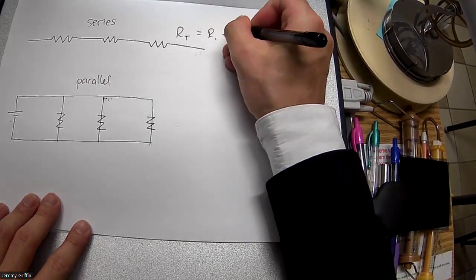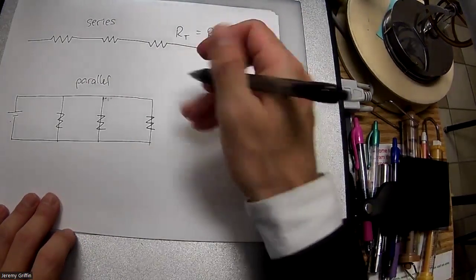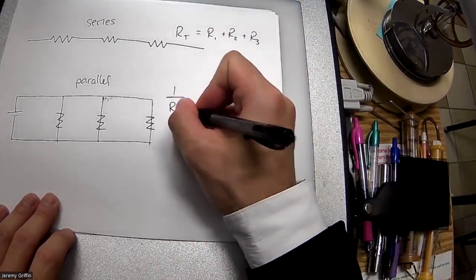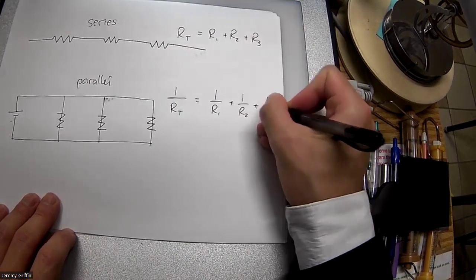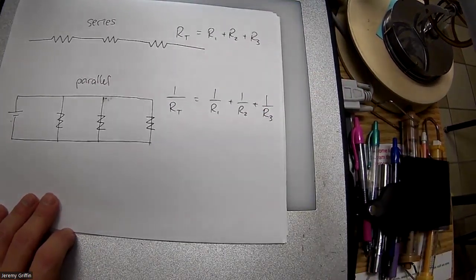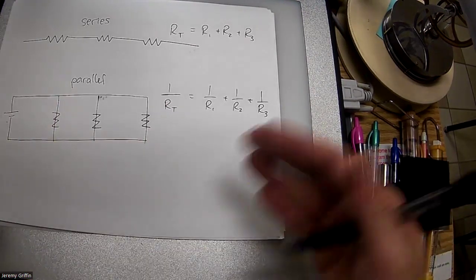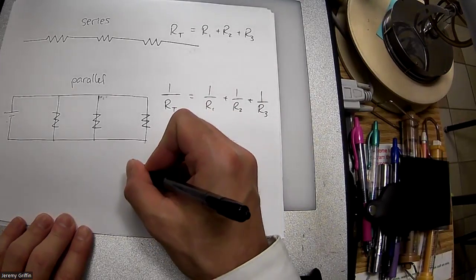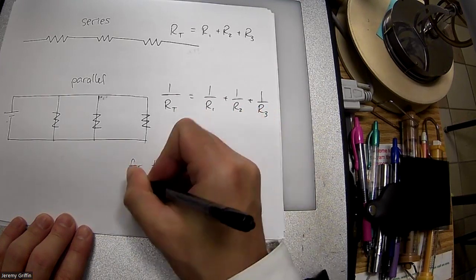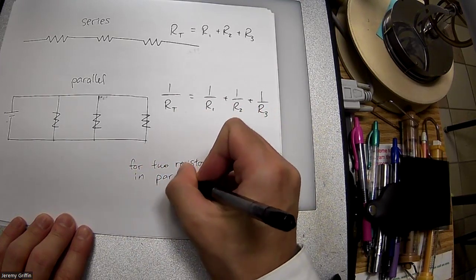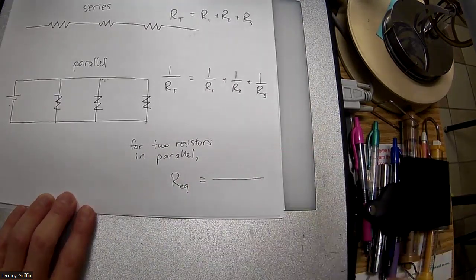Just do R1 plus R2 plus R3 plus, just keep adding them like that. Now for parallel, you can either use the fraction method: 1 over the total resistance is 1 over R1 plus 1 over R2 plus 1 over R3. Or if you just do 2 resistors in parallel at a time, you could jump straight to the equivalent resistance. What was the rule?